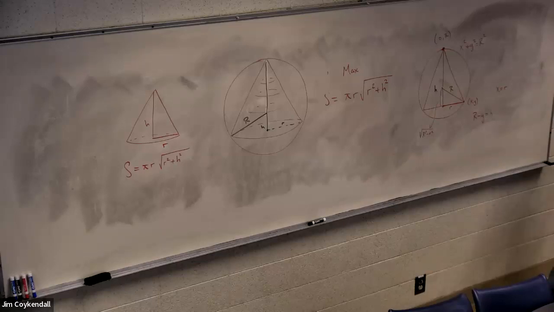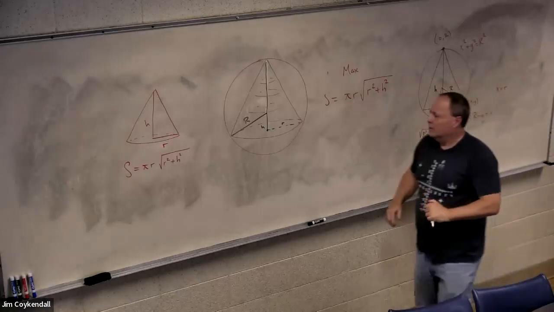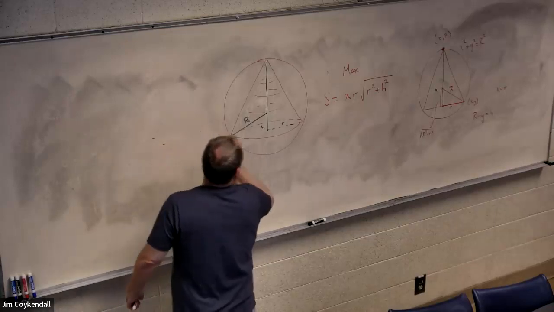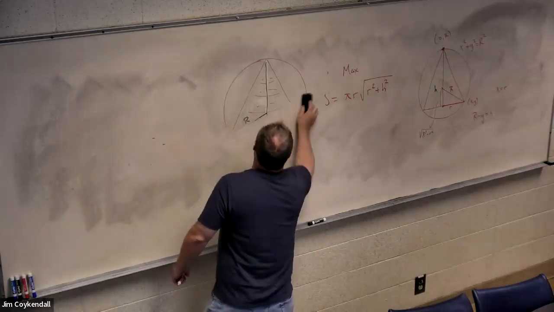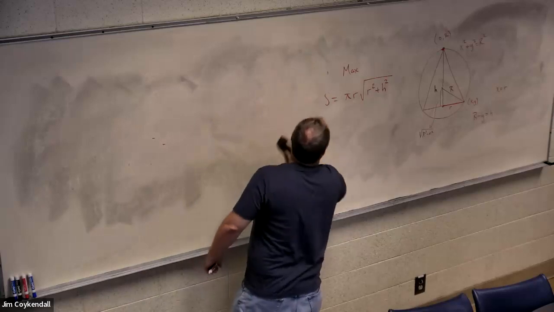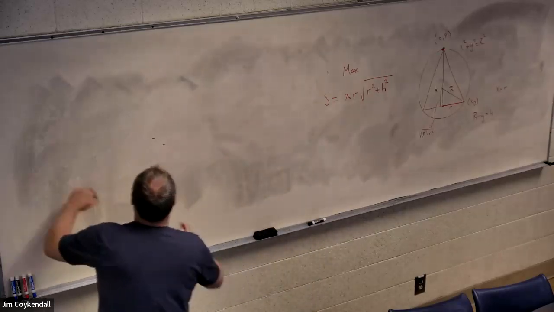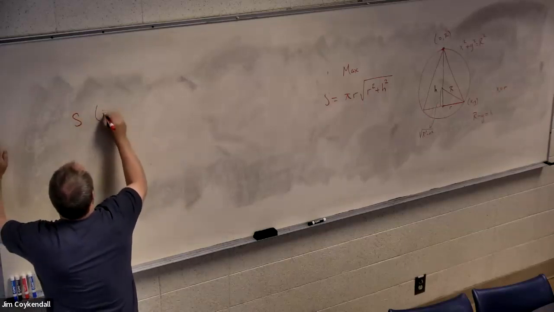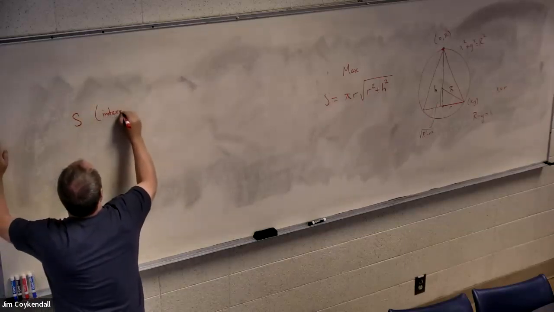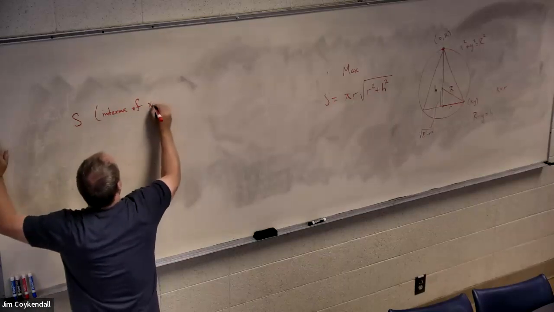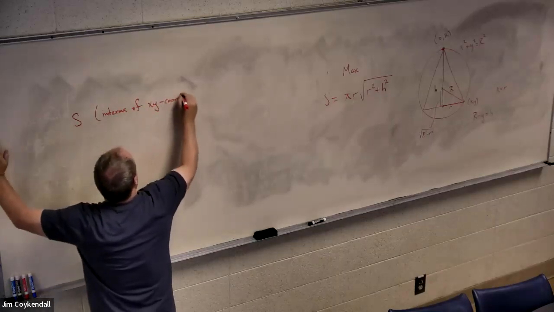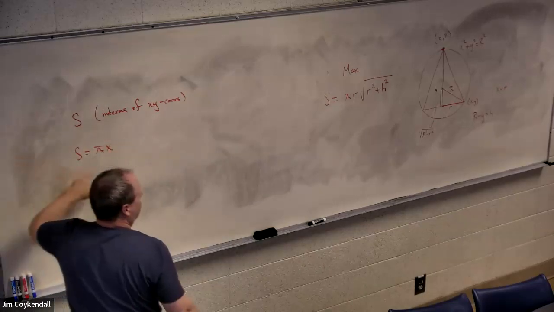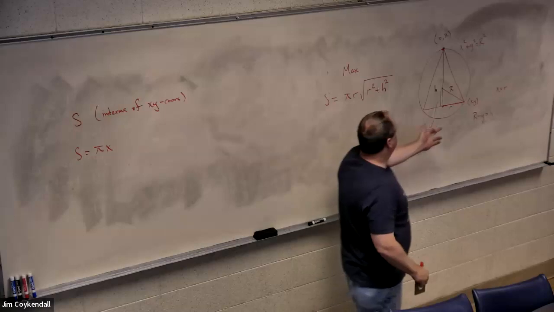I think I want to kind of revamp this in terms of x and y. So let's look at our S. Let's look at this S in terms of x and y coordinates, because the radius is the x coordinate.